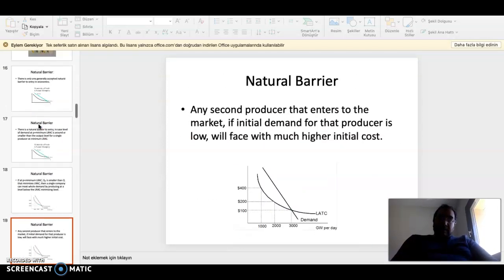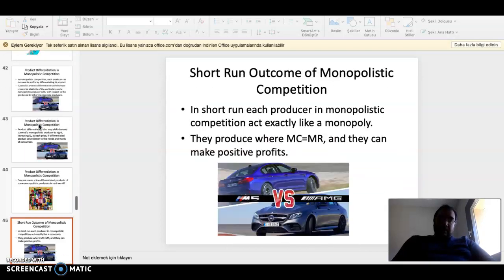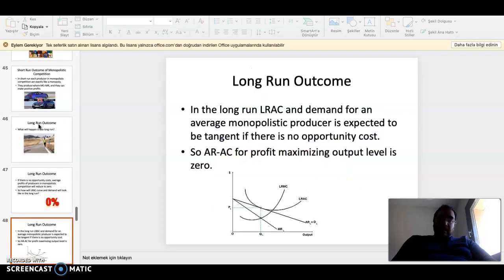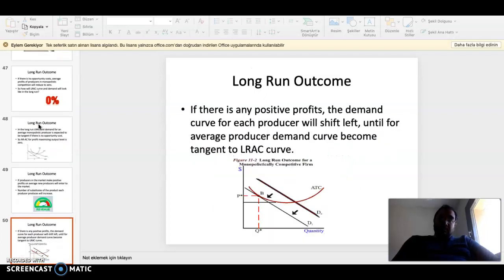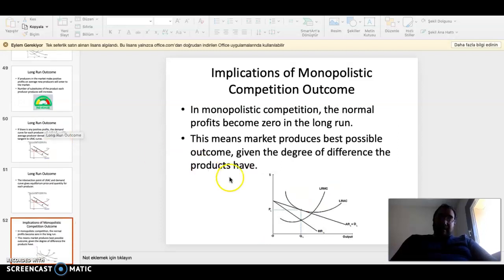So let's start with where we left off, which is the outcome of monopolistic competition. As we have already seen in the last part, in monopolistic competition we expect the demand curve to be tangent to the long-run average cost curve.